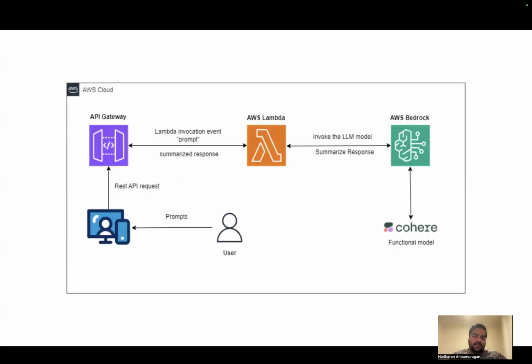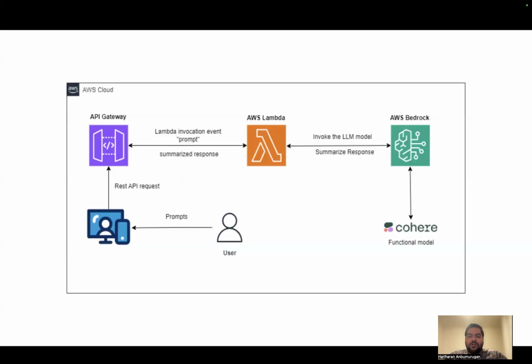So here comes the component architecture. The user gives a prompt in the front end, and the front end API request is sent to AWS Lambda, where the invocation event happens, and it invokes the LLM model in Bedrock, and then Bedrock passes it to the Cohere model.